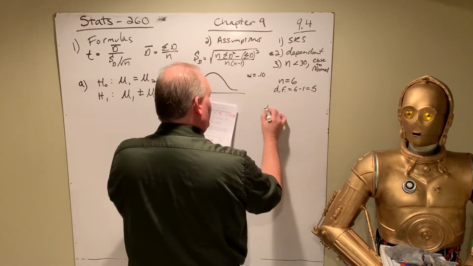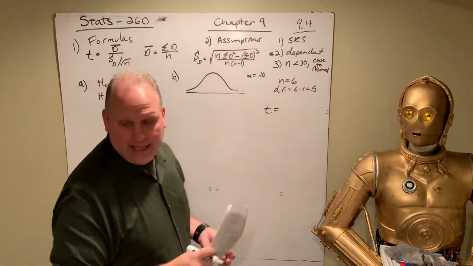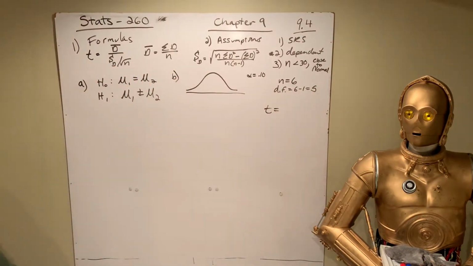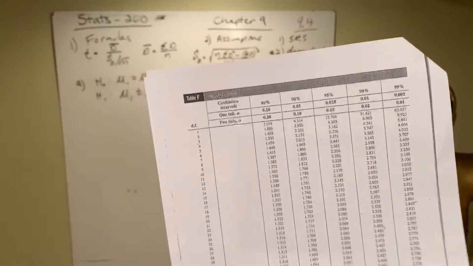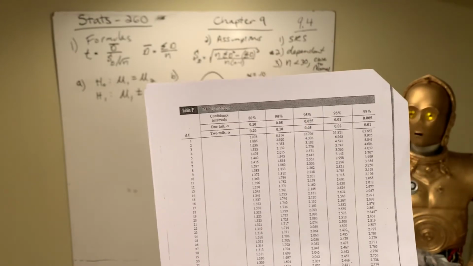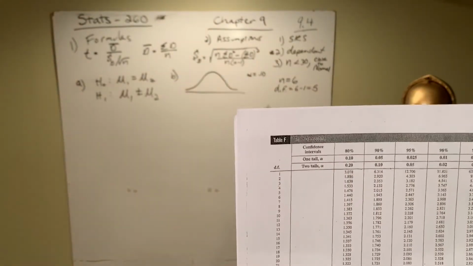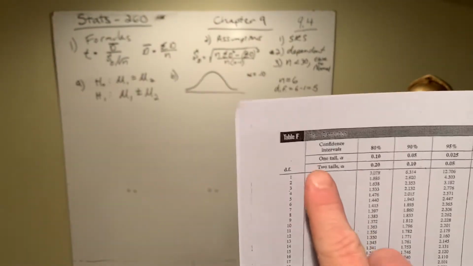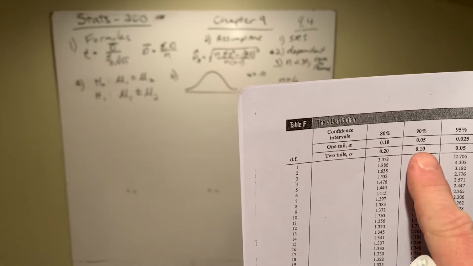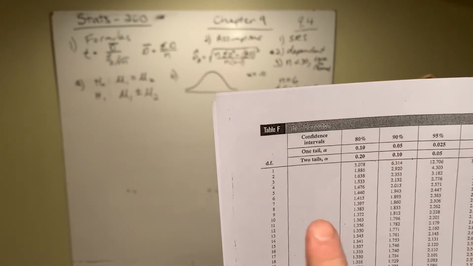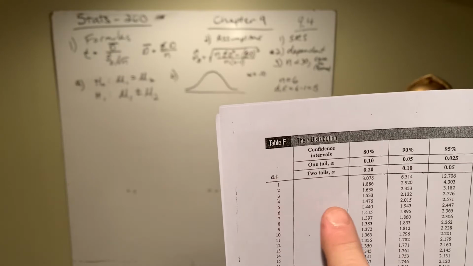And so we look up our t-score on that chart again. Let me show you the chart. Here comes the chart. So we're looking at two-tailed test, 10%, two tails, 10% on the top there. And then we go down to 5 degrees of freedom.